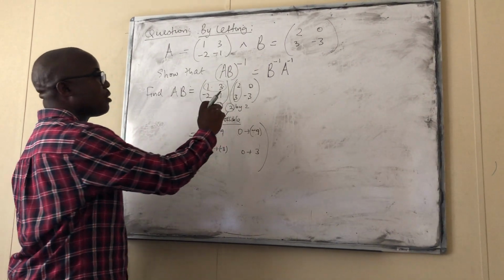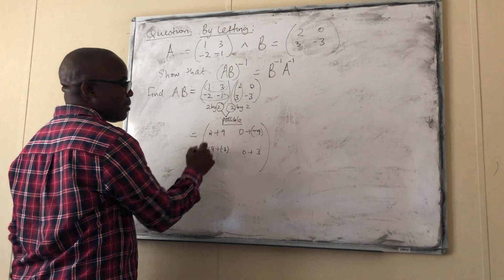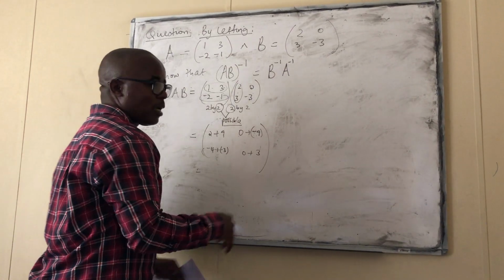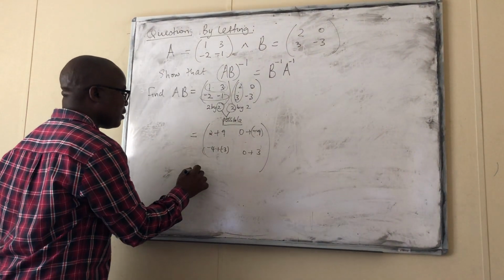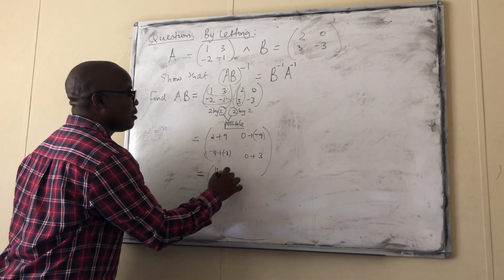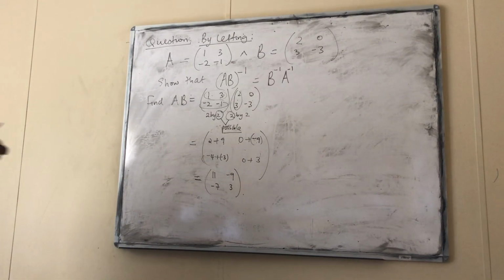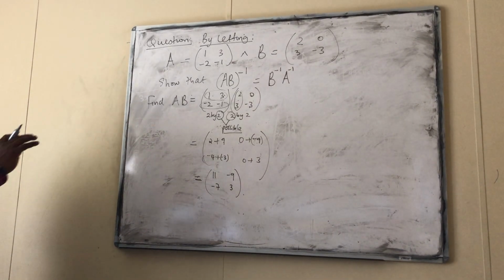You go to the second row, multiply row 2 by each of these columns. You get the numbers that are in second row, first column, second column, respectively. So this will be 11 minus 7 minus 9, 3. So that is AB. This is AB.